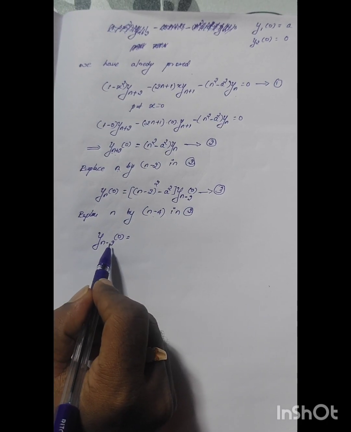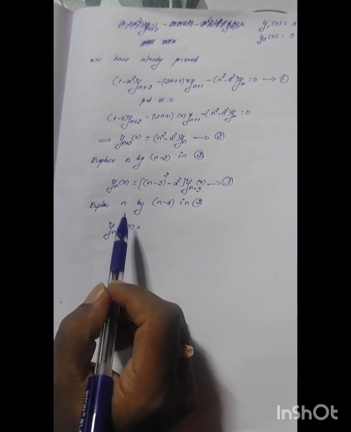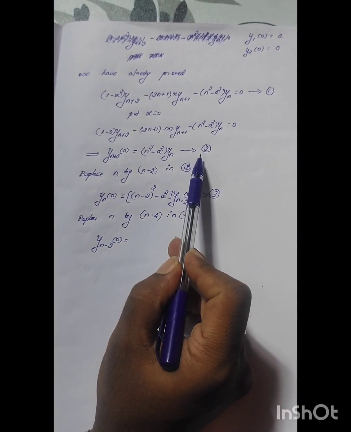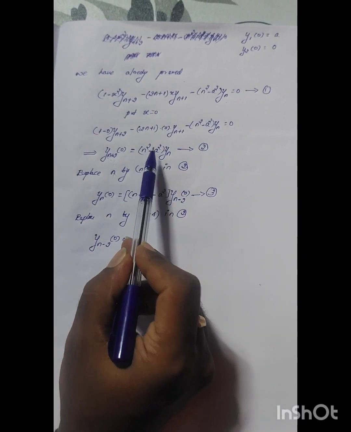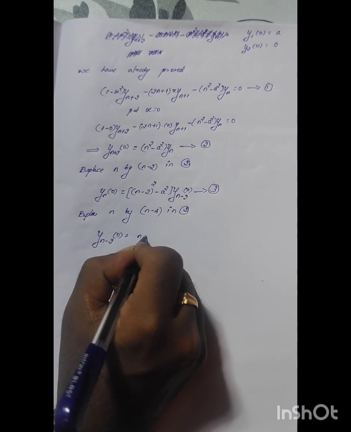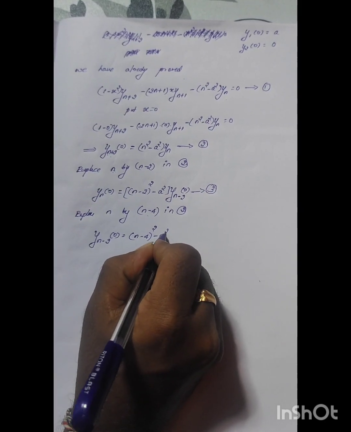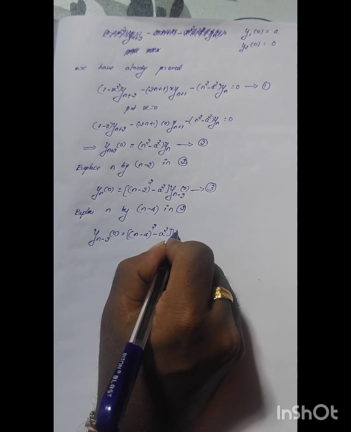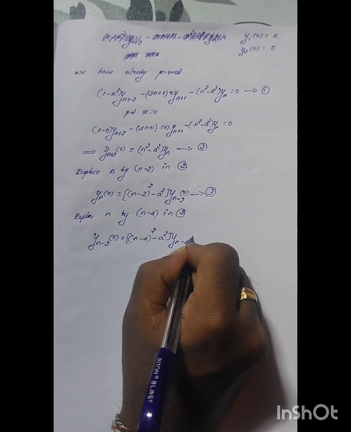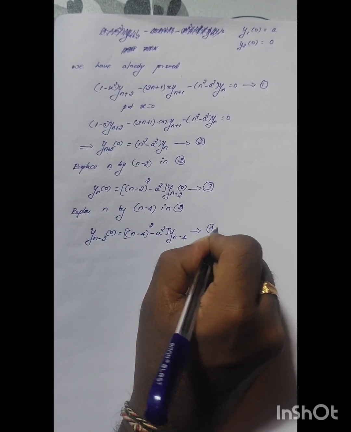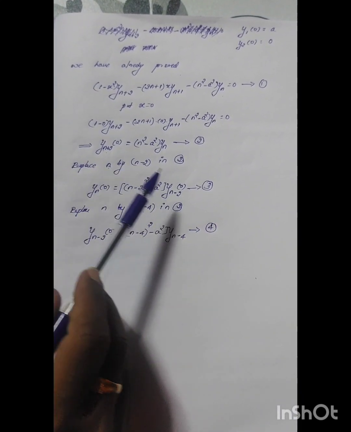yn minus 2 of 0 will be equal to, replacing n by n minus 4 in equation number 2, n squared becomes n minus 4 the whole squared minus a squared into yn minus 4. Call it equation number 4. Now compare equations 2, 3 and 4.